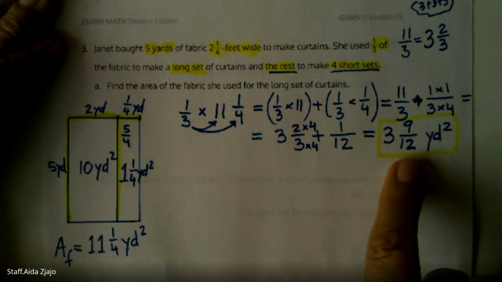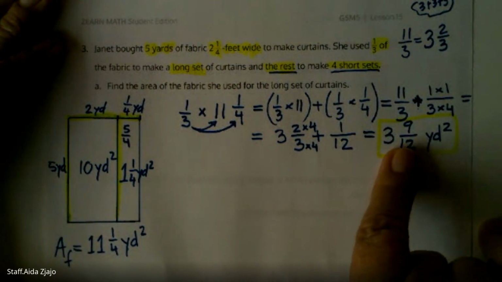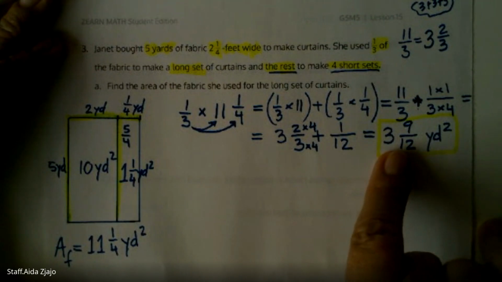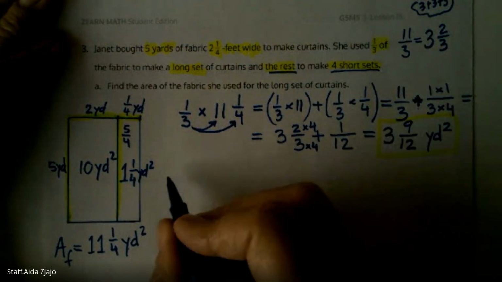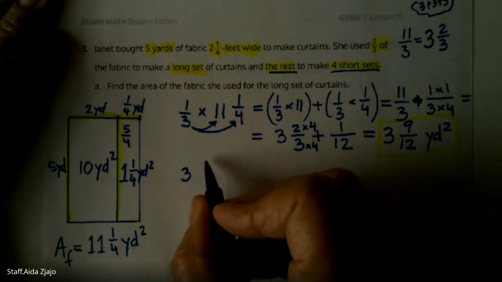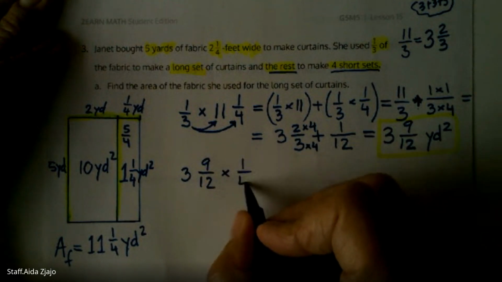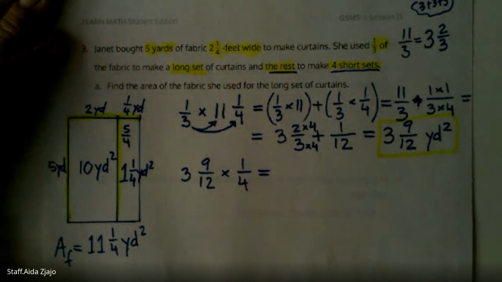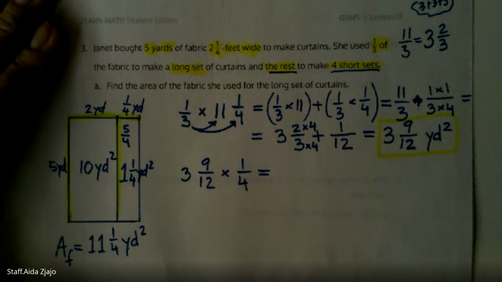You can say 3 and 9/12 divided by 4, or we can multiply by the reciprocal of 4, which is 1/4. So it would be the same. So the smaller would be 3 9/12 times 1/4, or 3 9/12 divided by 4.